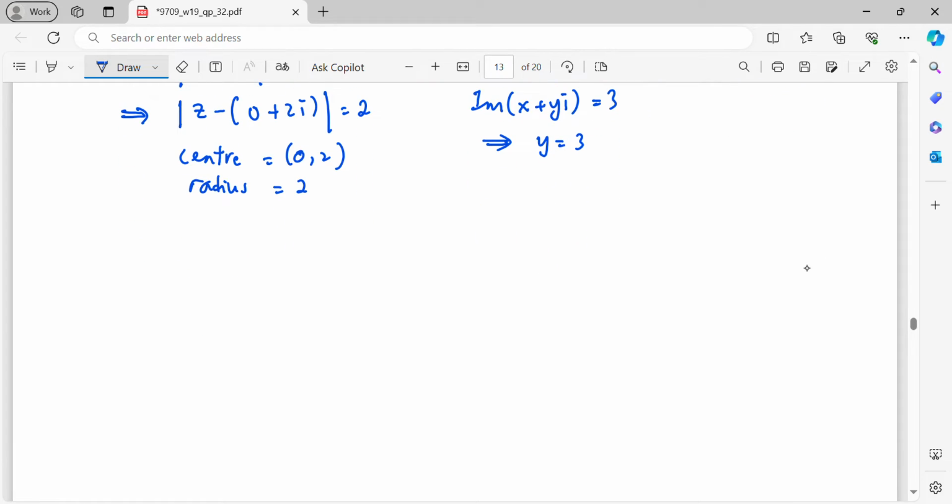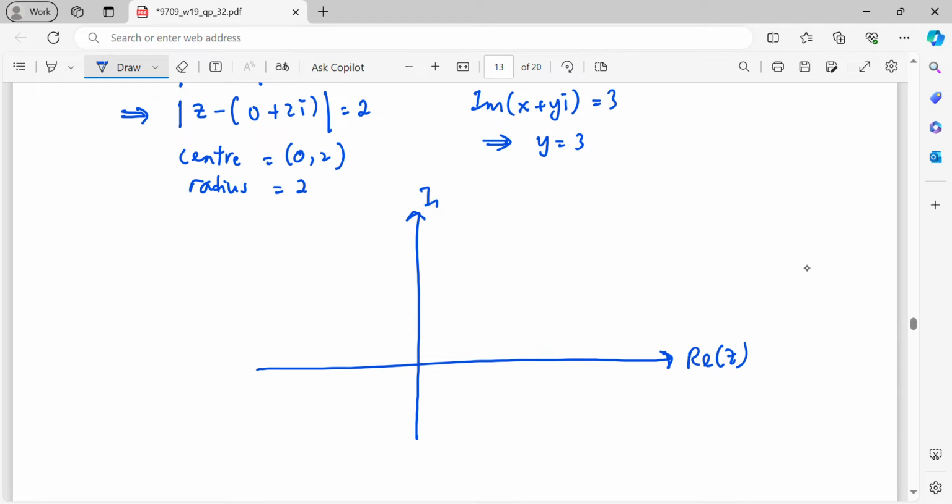Okay, so now, say this is the real axis. And here is the imaginary axis. Okay, my center is at (0, 2). Let's say here is 2.